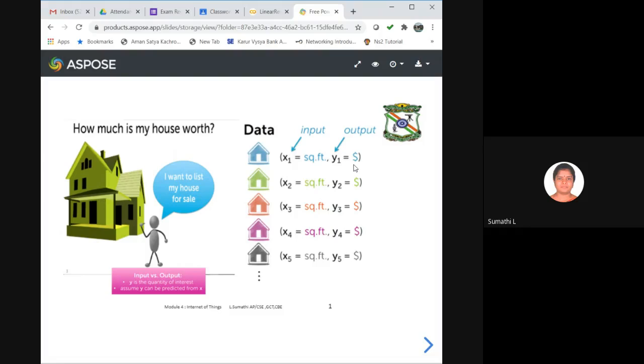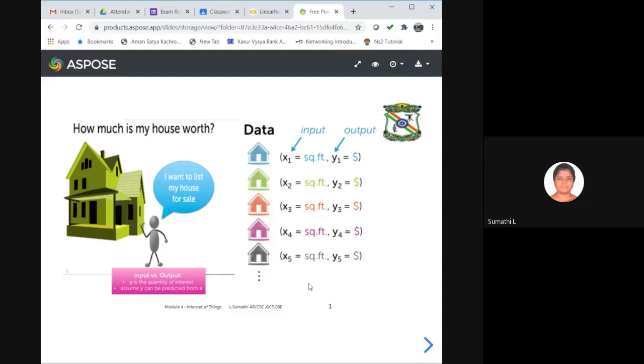Let me have a simple example. If it is 1 square feet, it is 1000. 2 square feet, it is 2500. 3 square feet, it is 1800. I need not maintain a relationship, I'm just giving some data. So in this way, I have 5 data points, and with these the machine has to design a model.